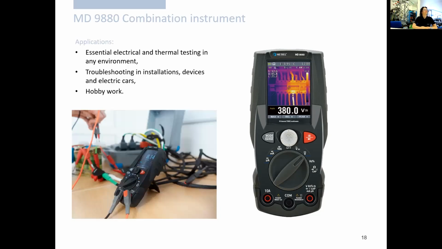So, applications of this instrument. I see the most powerful application for this instrument in troubleshooting and service work. It can be used to locate problems with almost any device out there. It can be used for essential electrical and thermal testing in any environment.